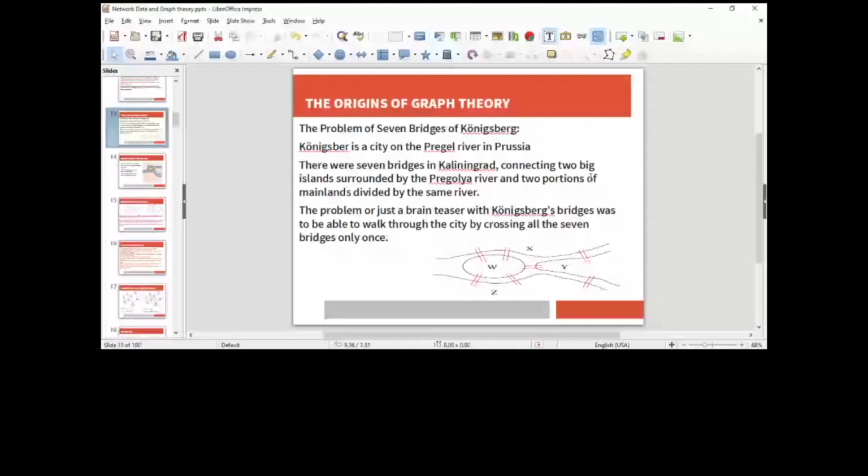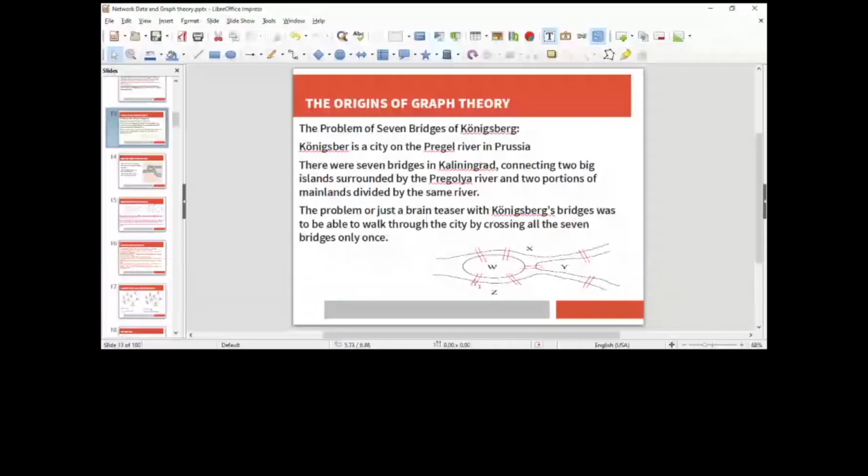So the 2 portions of the river, this is the river flowing, and then you have these 2 islands, W and Y. The problem of the Königsberg bridges was to be able to walk through the city by crossing all 7 bridges only once.